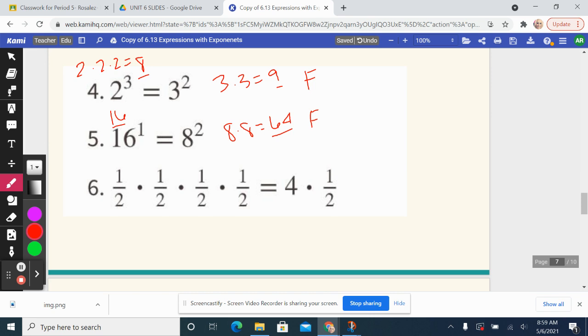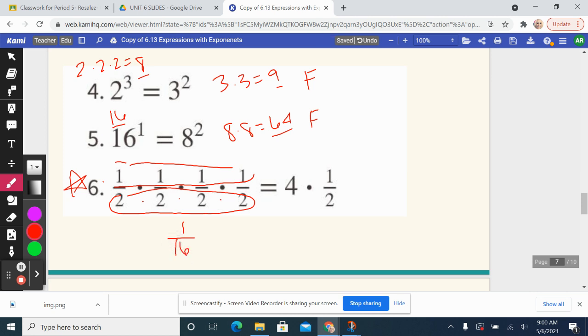All right, now number 6. This is more how Khan Academy will look when I was looking at your homework. So basically, you're just going to multiply all of these straight across and all of these straight across and get a fraction. 1 times 1 times 1 times 1, that's just 1. And then 2 times 2 times 2 times 2, that's going to be 16.